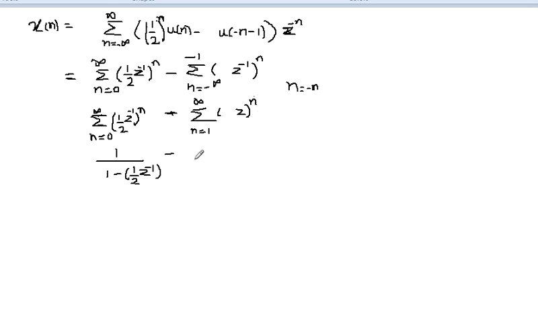Then this equation can be approximated as z divided by 1 minus z with a minus sign.